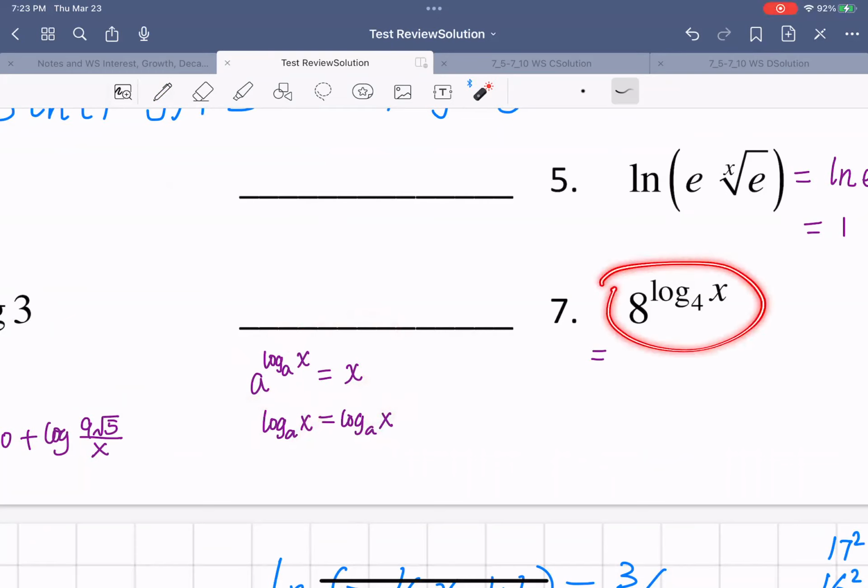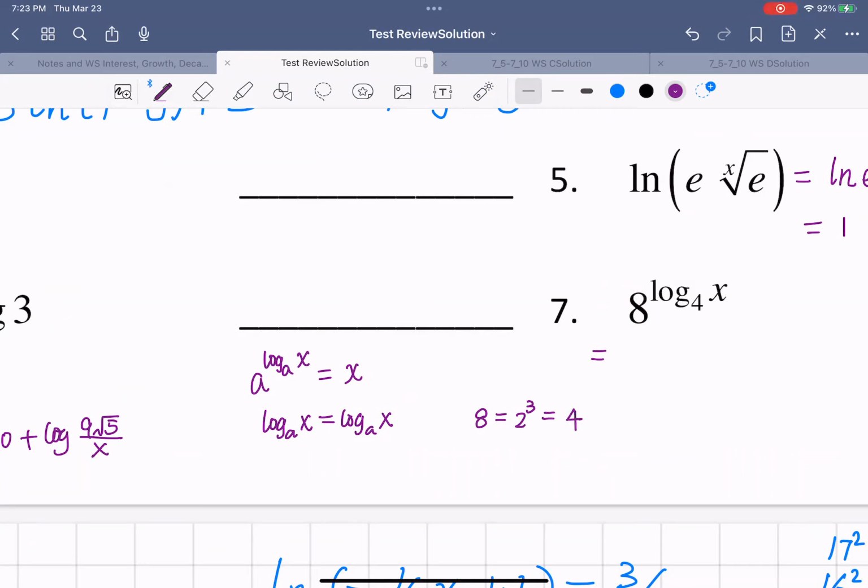When we want to do this, we want to convert 8 to 4 to the power something. 8 is 4 to the power what? First 8 is 2 cubed, right? And then 2 is 4 to the power 1/2, right? So this becomes 4 to the power 3/2.